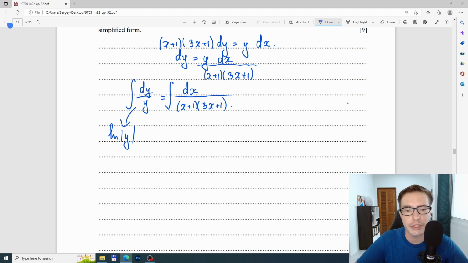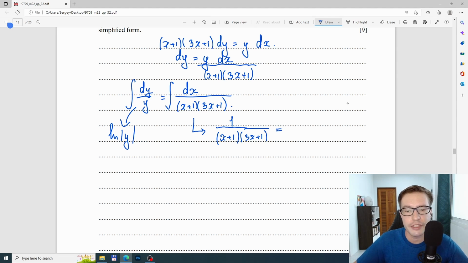We have a fraction, and for integrating fractions we have a nice technique called partial fractions. So I will have to separate 1 over x plus 1 and 3x plus 1 into partial fractions.